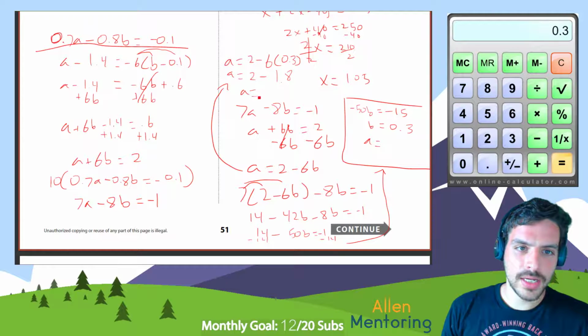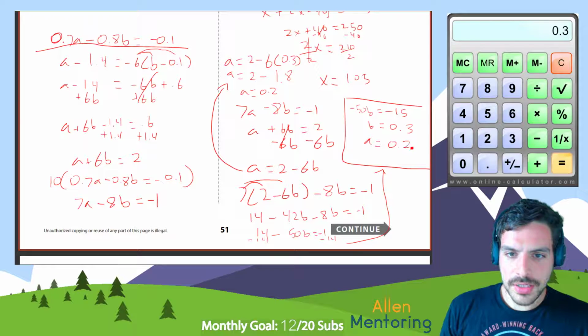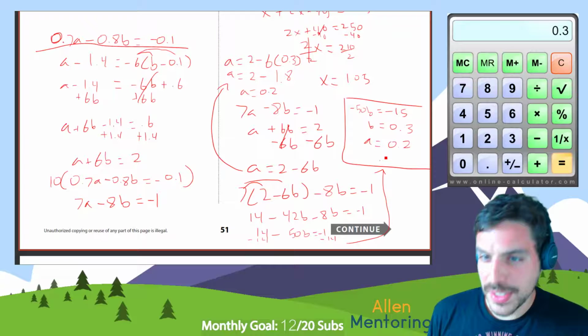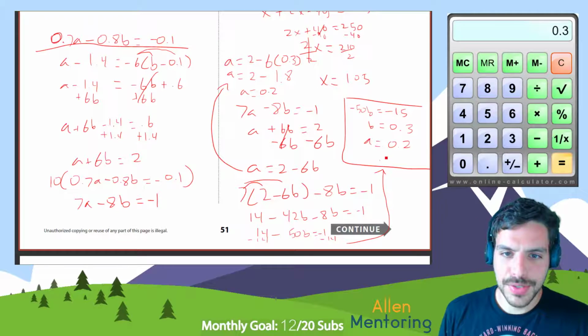And so a is equal to 0.2. All right, so the question asked, what is the value of the sum of a and b? So the sum of a and b is 0.5.